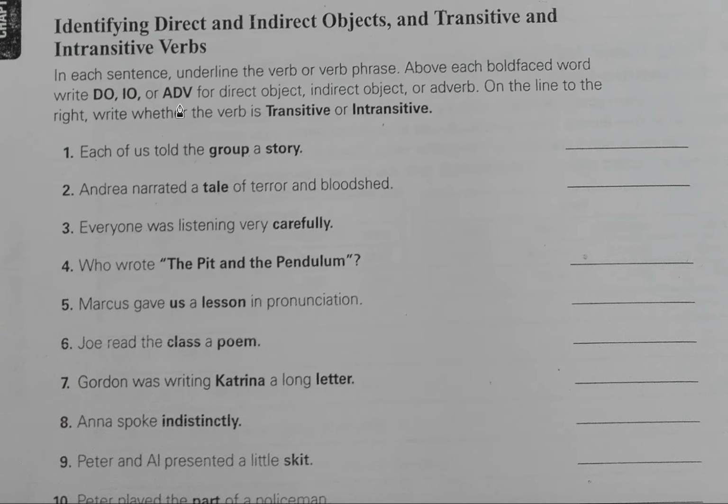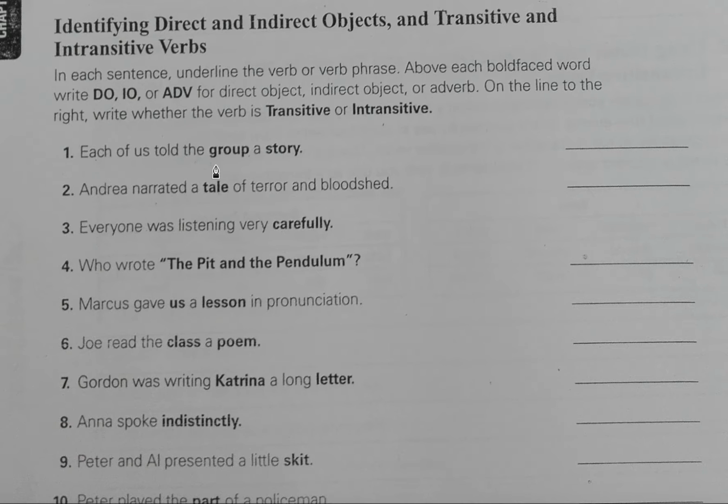And usually our hint is that these end in ly. And then on the side, we're going to write whether the word is transitive or intransitive. Do you remember the rule for finding transitive or intransitive verbs? If you said intransitive verbs have adverbs, then you're correct.